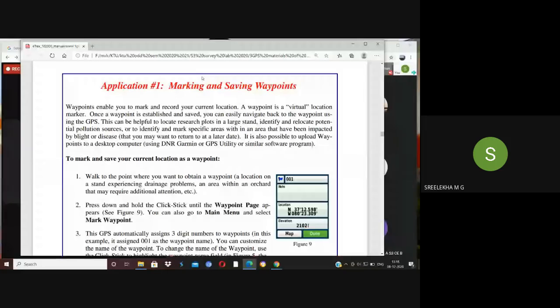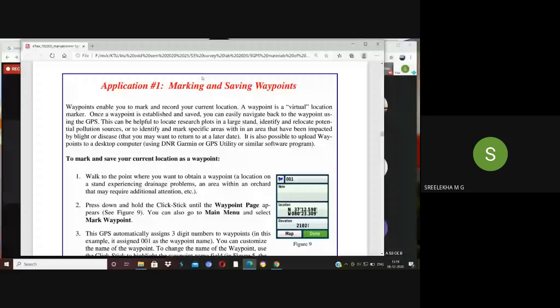That's all. From the main menu we can get the waypoint page, where we give some point name, like some file name. We'll be giving a three-digit number. In this it's shown 001. It is the file name, a point name given to that location. And if we want, we can give some symbols or like that. Okay, that's all.